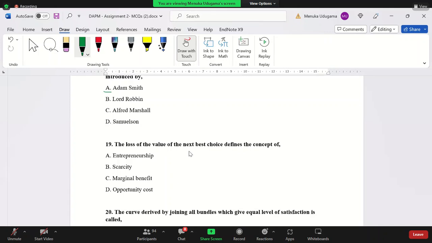The loss of value of the next best choice defines a concept of what? Answers?